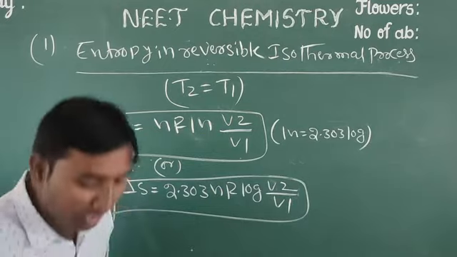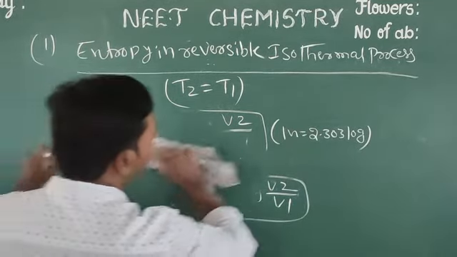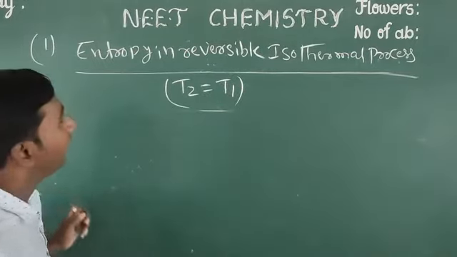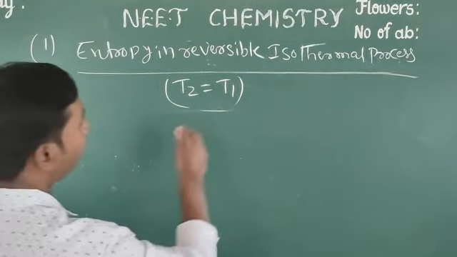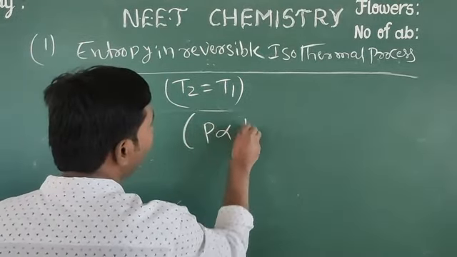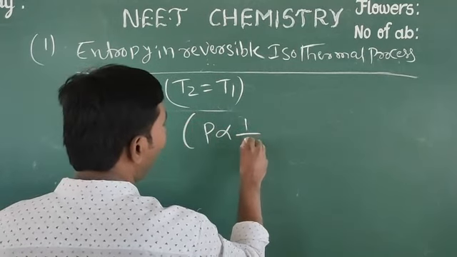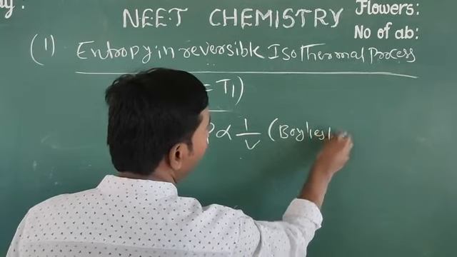Now in terms of pressure, for the reversible isothermal process. Pressure is inversely proportional to volume according to Boyle's law.